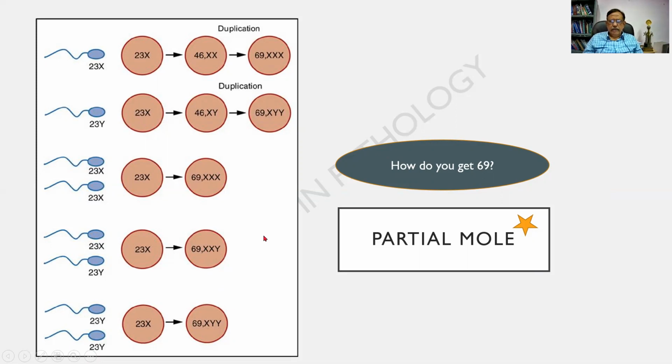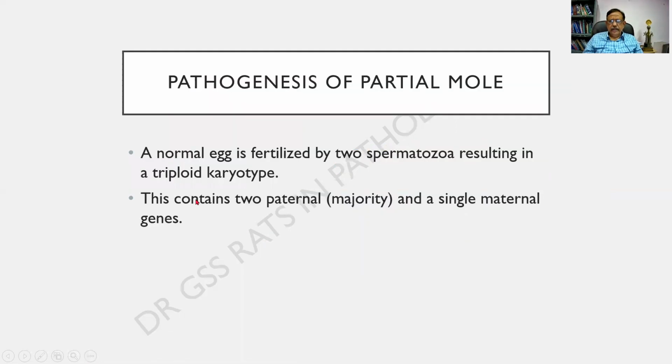Please learn this picture by heart. And the pathogenesis is as follows. A normal karyotype egg is being fertilized by two spermatozoa resulting in a triploid karyotype. And this contains two paternal sets, the majority is again paternal here, and a single maternal. So this is the pathogenesis of partial mole.